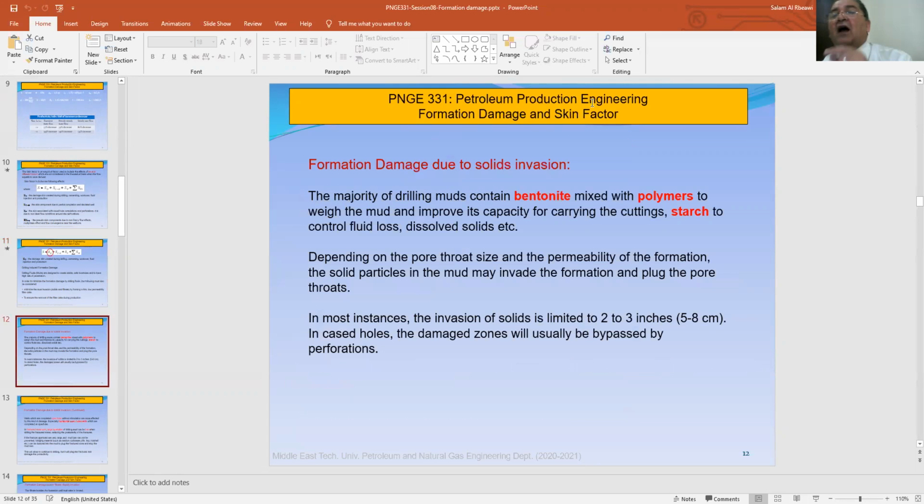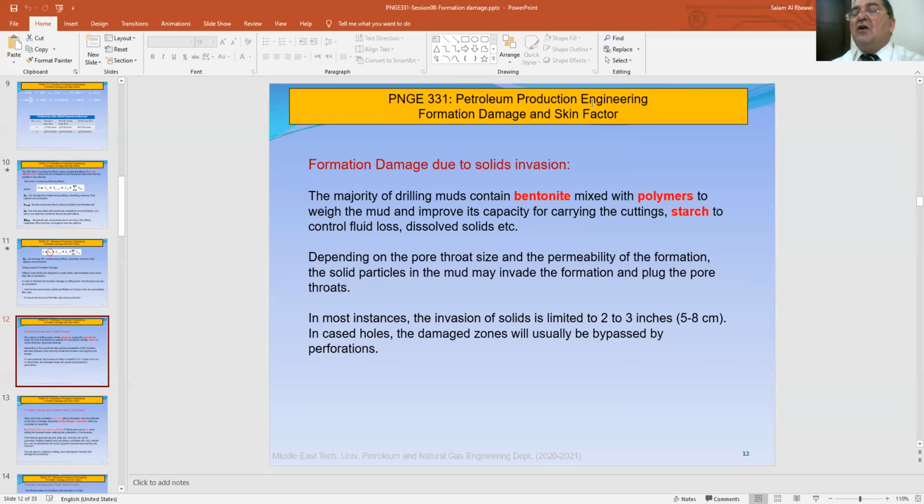So, as I said, there are two mechanisms for the damage caused by the drilling mud. One of them is caused by the solid invasion. This is the first one. And the second one is caused by the filtrate invasion. Now, for the solid invasion, as I told you, we are talking about water-based mud.